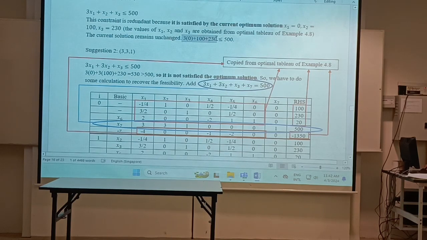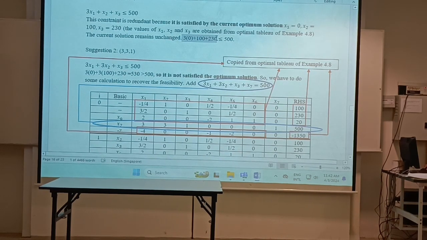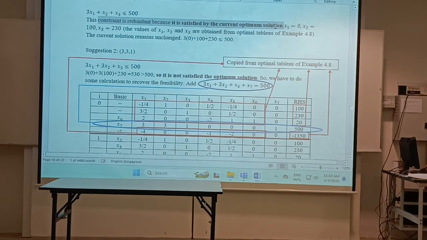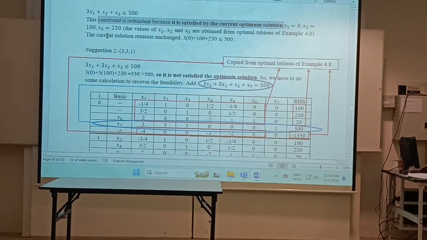So the total summation for your left hand side is 230 plus 100, 330. 330 is less than or equal to 500. So that's why we say that this constraint is redundant because it is satisfied by the current optimal solution. So there is no simplex calculation needed.